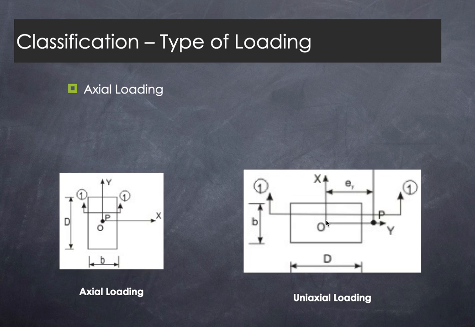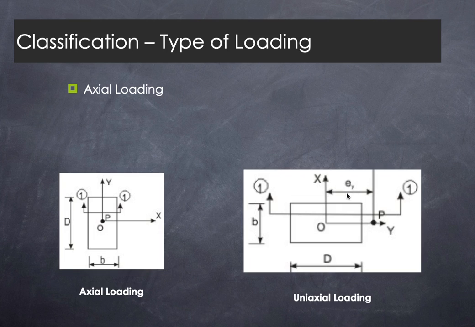It is not necessary that the reaction of that beam passes exactly through the centroidal axis of the column; the reaction is somewhere away from the centroidal axis. So here is the center of the column, the centroidal or longitudinal axis of the column, and this is the point of application of load. Here we have to understand that load means the reaction from the beam.